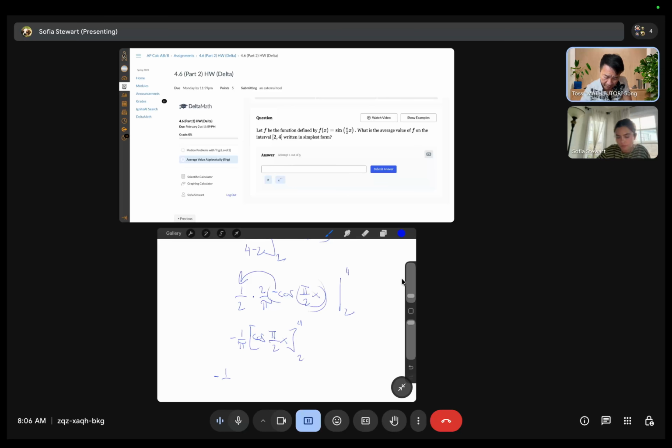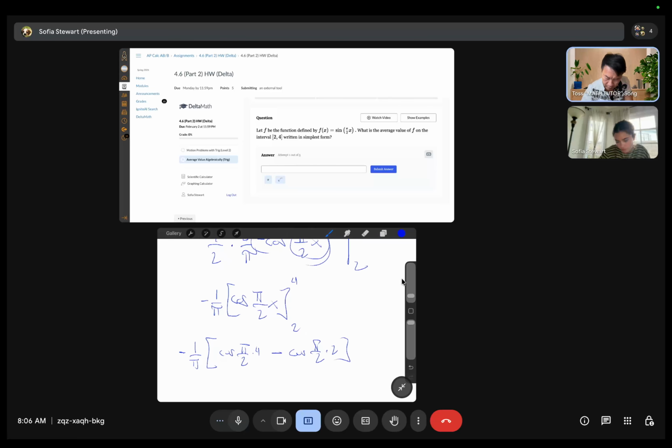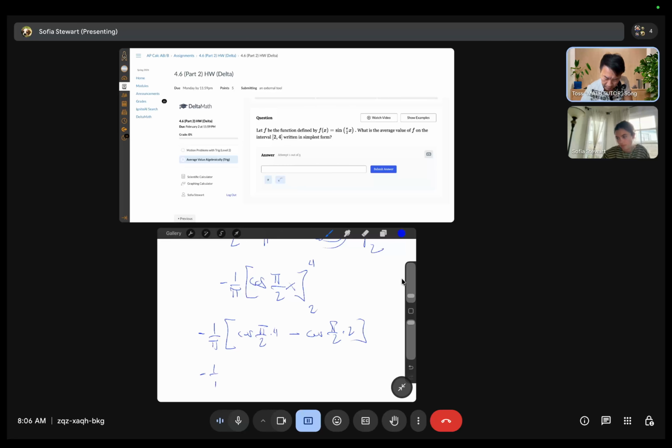I'll keep that all the way out after I finish evaluating between these two. So it'll be cosine of 1/2 pi times 4 minus cosine of pi half times 2. So this is it right here.